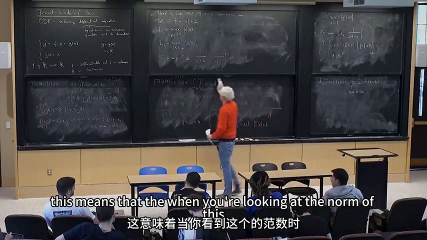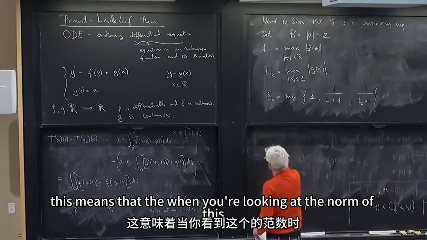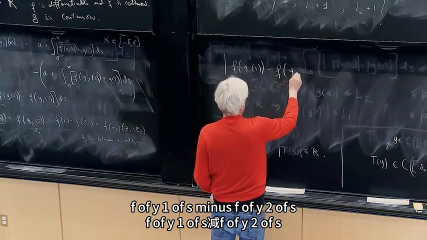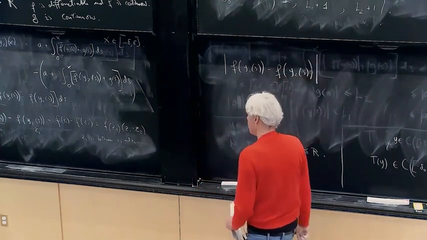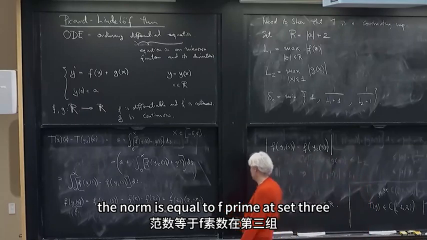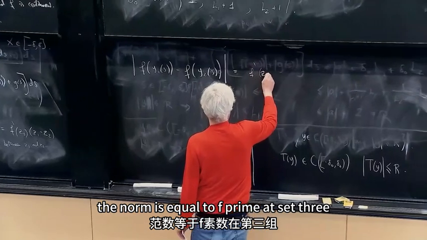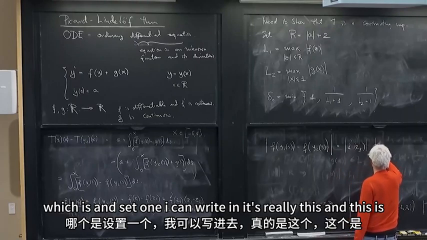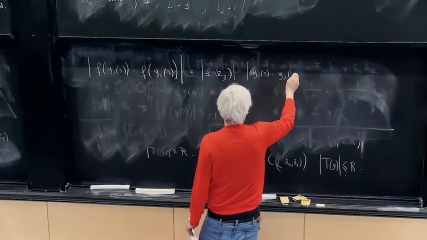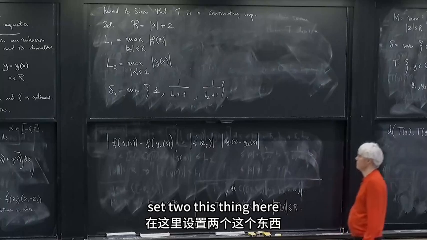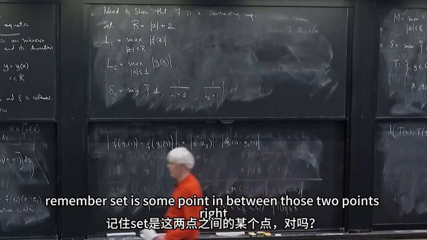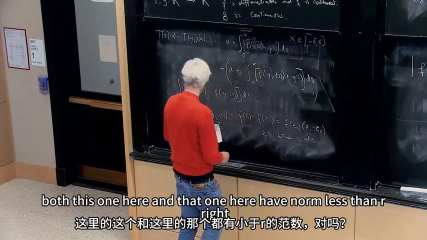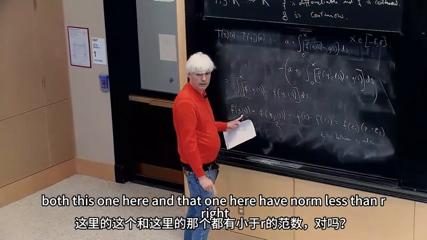So when you're looking at the norm of f of y1 of s minus f of y2 of s, the norm is equal to f prime at z3 times z1 minus z2. Remember z3 is some point in between those two points, but both of these points have norm less than r.